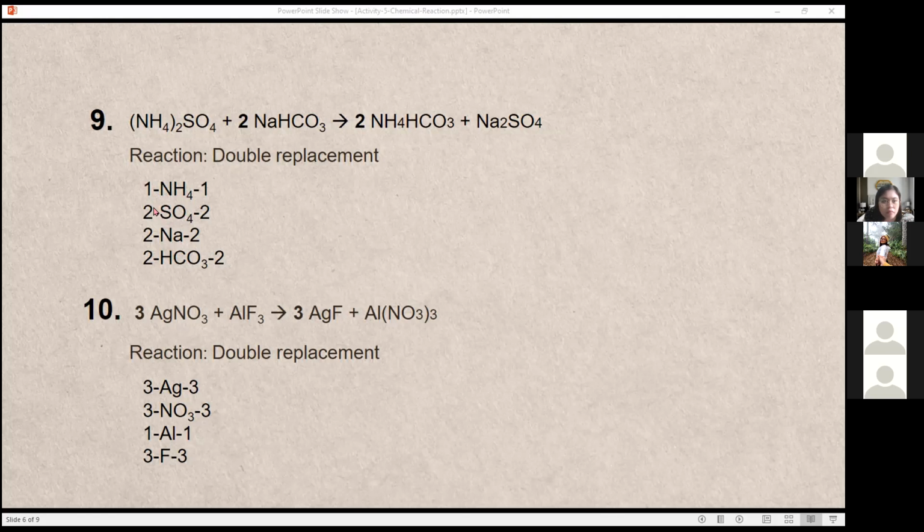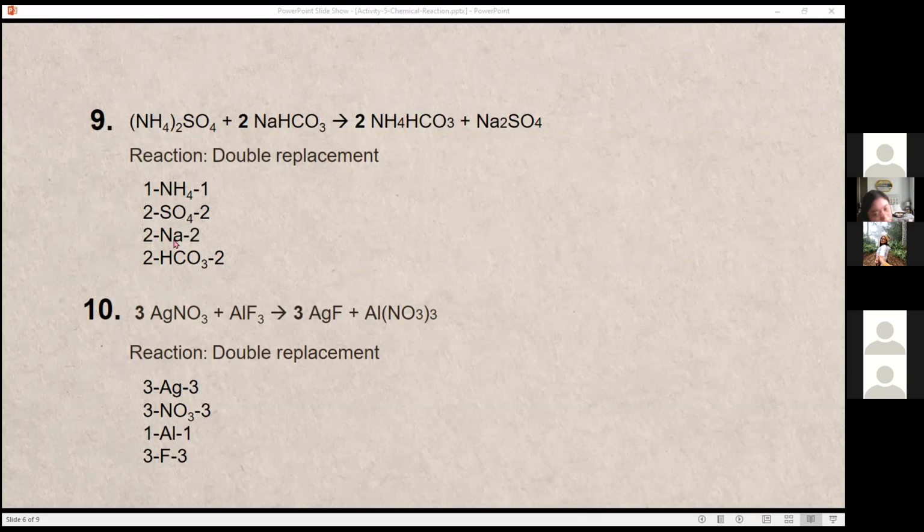So dito po sa reactant side we have 1, and dito rin po sa product side we have also 1. So wala na po tayo nilagay na coefficient, ma'am.